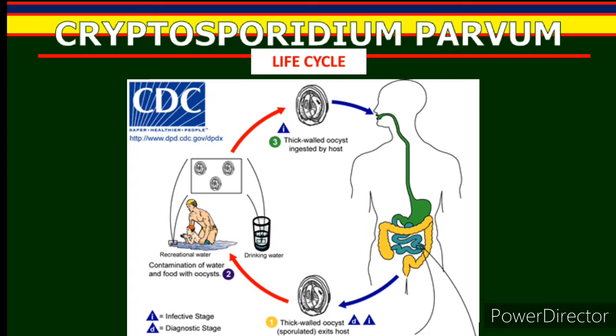Following ingestion and possibly inhalation by a suitable host, excystation occurs. This is the stage in the life cycle of the parasite in which it escapes from a cyst after being swallowed by its host.